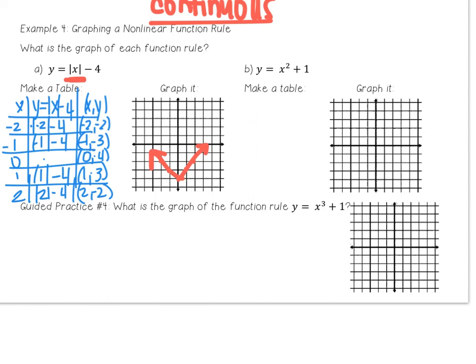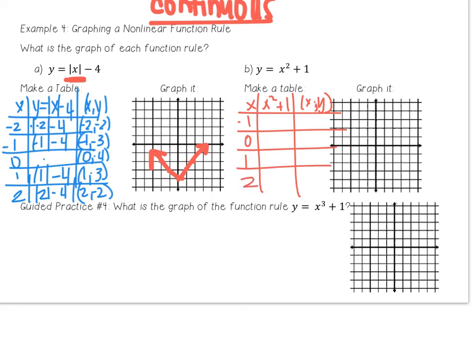Next thing we're going to do is B. We're going to make a table again. We're going to put our process column in the middle, which is going to be x squared plus 1. So we're going to choose really small numbers because we have to square these numbers, so I don't want to put 9 in there and get 81 because I don't want to graph that.